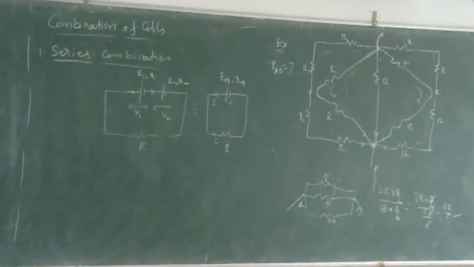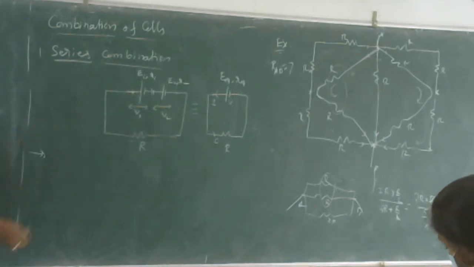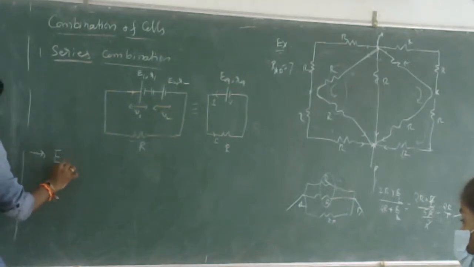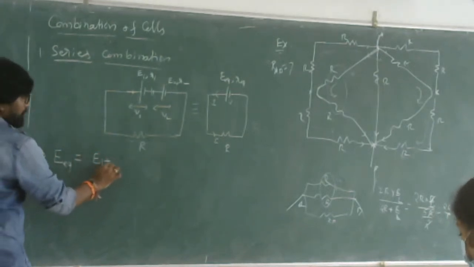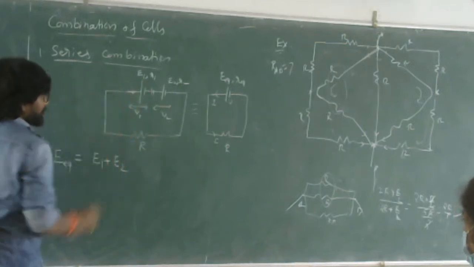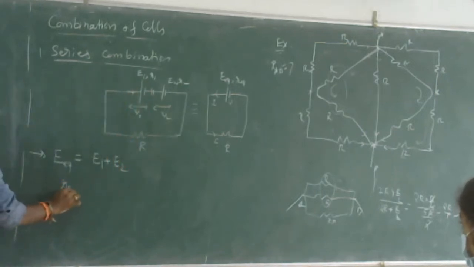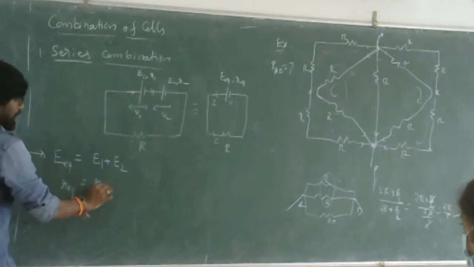By taking these relations into consideration and simplifying, we are not going to discuss everything step by step, but you will get the final result. For the parallel combination, I will give it clearly because this is very simple, so I would like to give it directly. E equivalent will be equal to E1 plus E2 in this case, and R equivalent is equal to R1 plus R2.